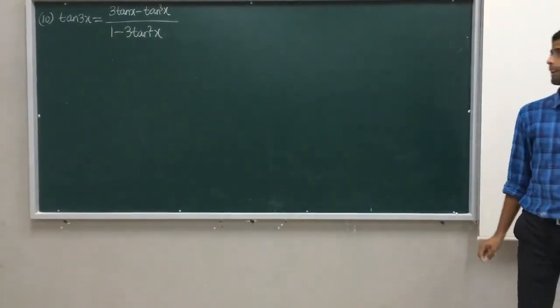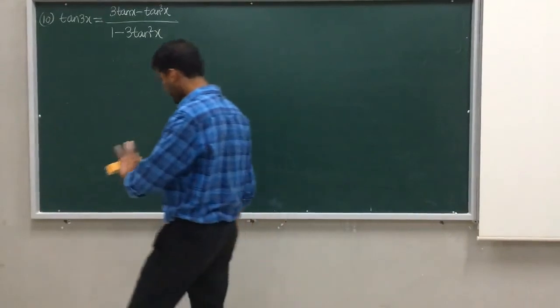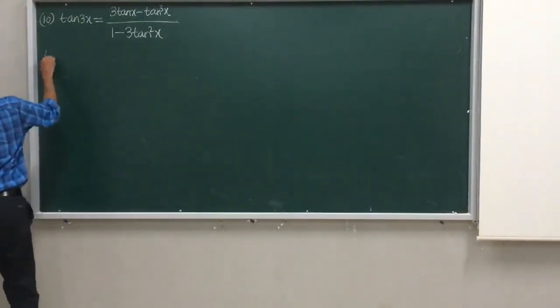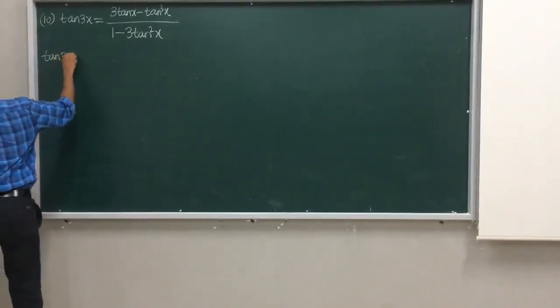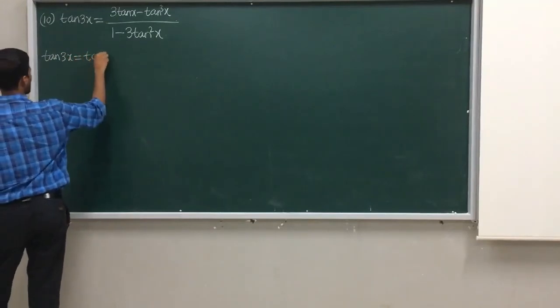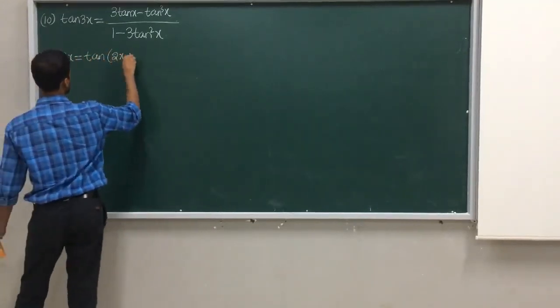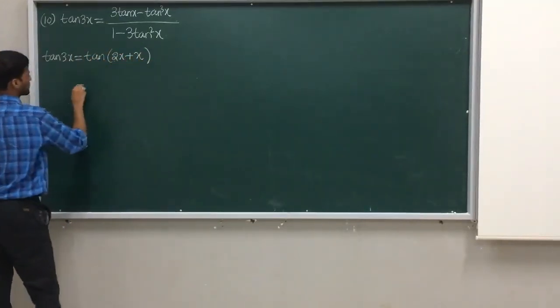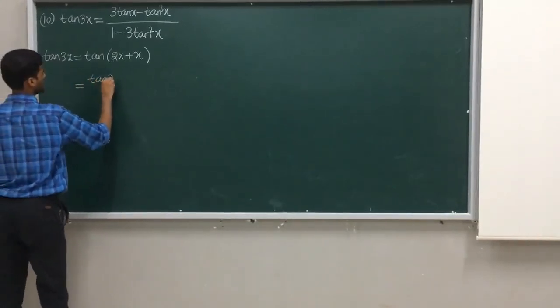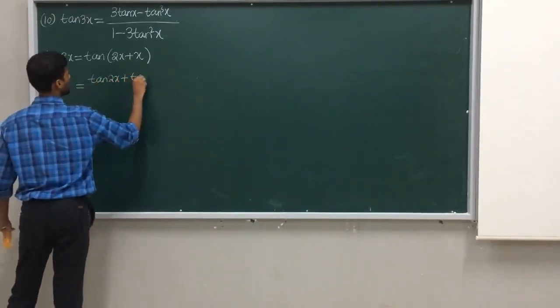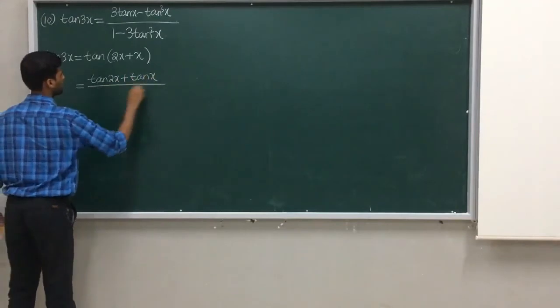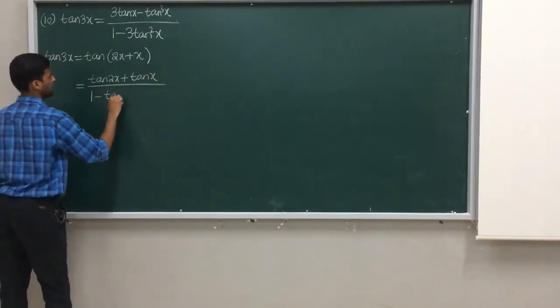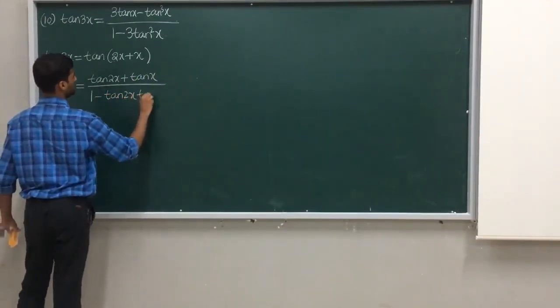See, it is very easy to get the final answer. What do you do? Tan 3x, express it as tan of 2x plus x. I know tan of x plus y: it is tan x plus tan y upon 1 minus tan x tan y.